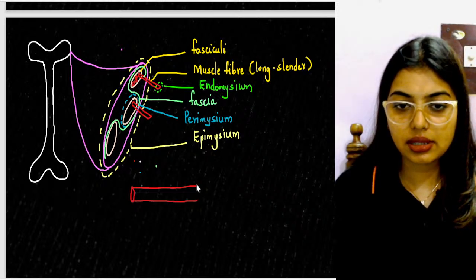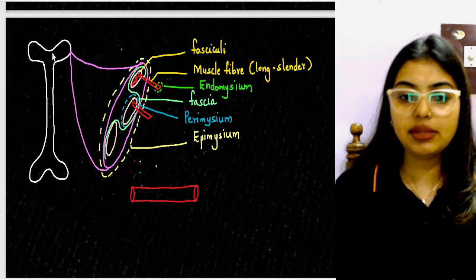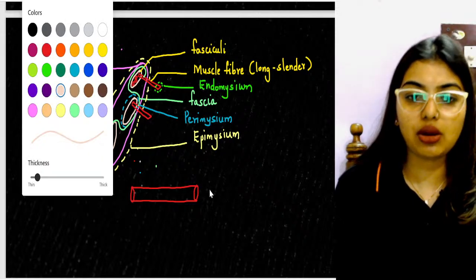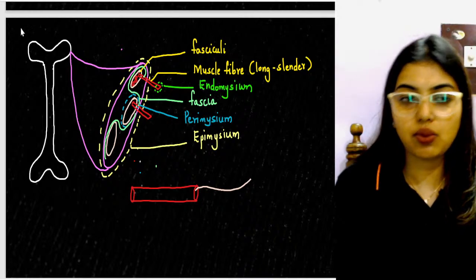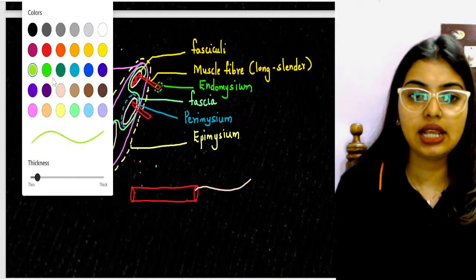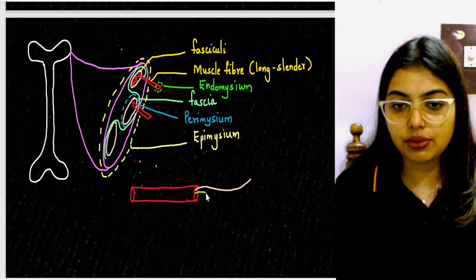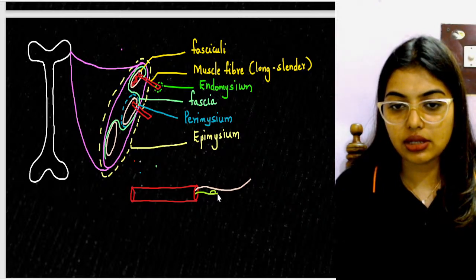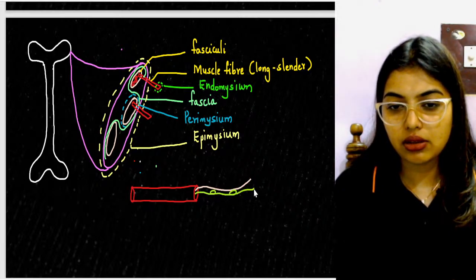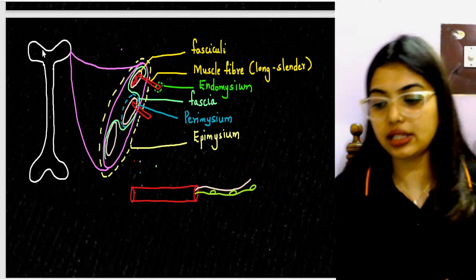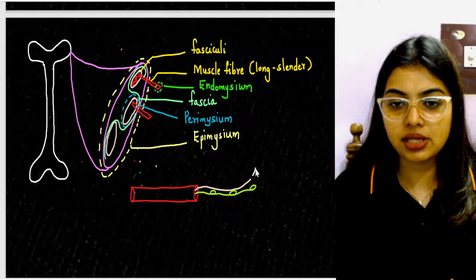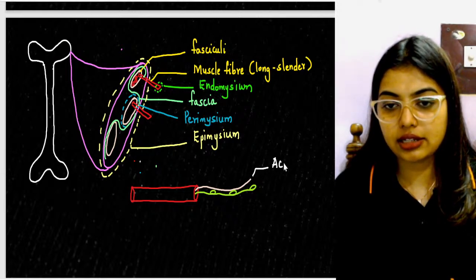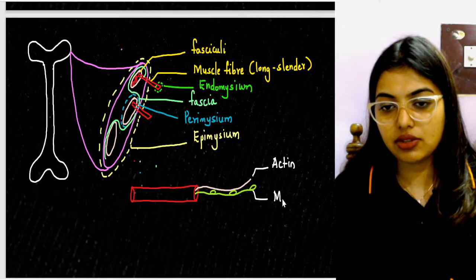From that, two things are going to come outside, one called the actin and another called the myosin. I'm just drawing it randomly, but structures are not exactly like we draw. This is the actin, which is the thin filament, and this is the myosin, which is the thick filament.